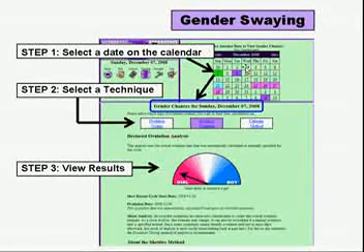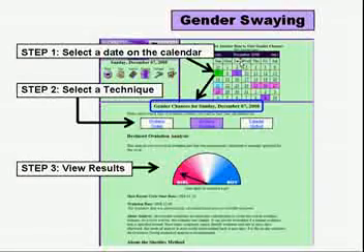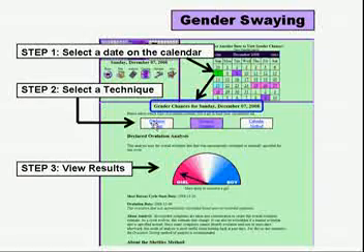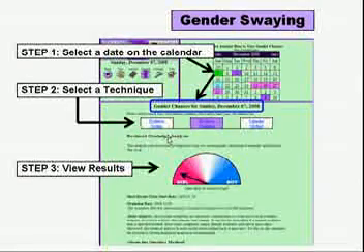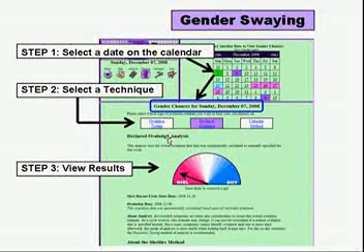To use this feature, like I said, you'll first begin by picking the date of interest. Once you've done that, it will load the gender chances for that date, and then you'll have to select a technique. Your three options are ovulation testing, which will look at your positive and negative ovulation test results which you've recorded to determine when ovulation is and use that to base the assessment on gender prediction.